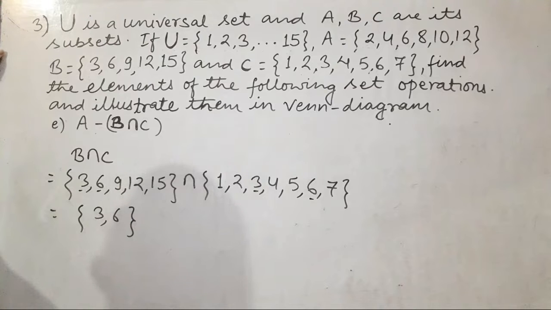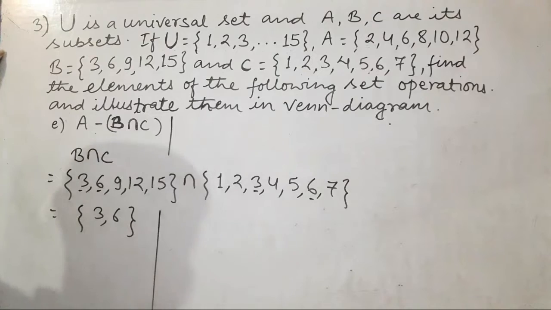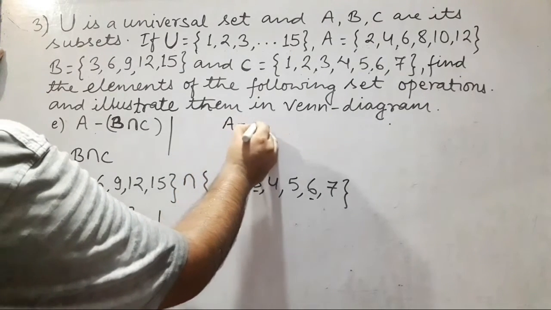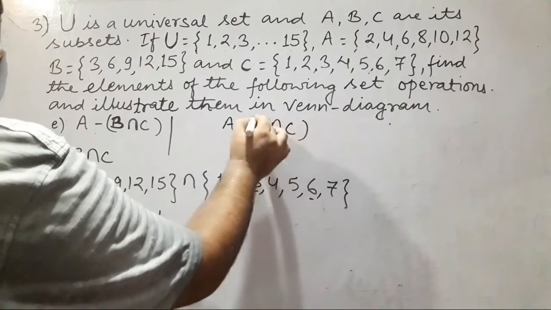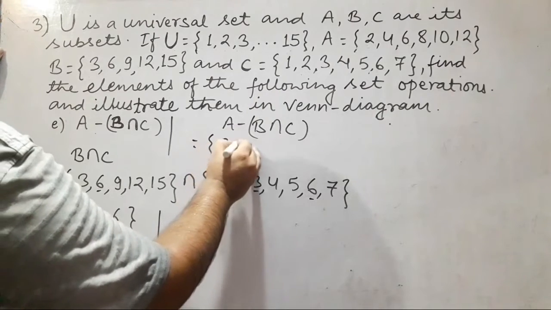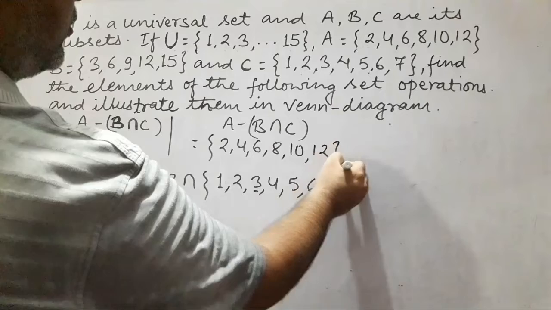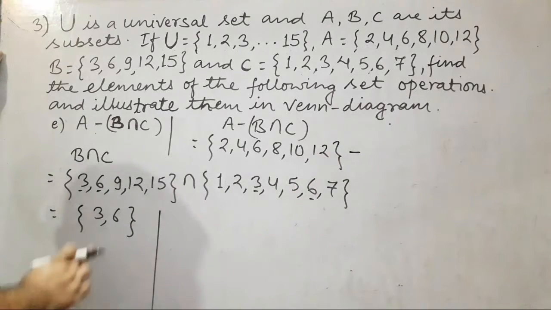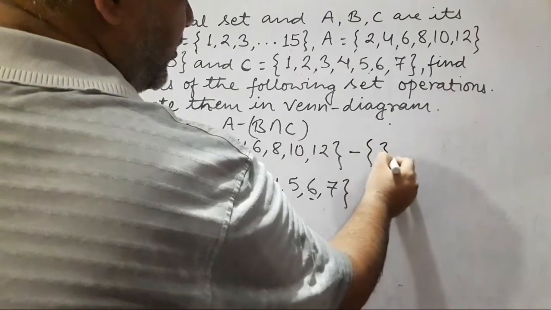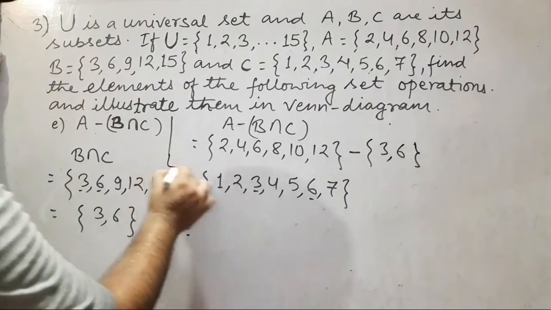Now A minus (B intersection C). The set A containing the elements 2, 4, 6, 8, 10, 12 minus B intersection C, which contains the elements 3 and 6, equal to.